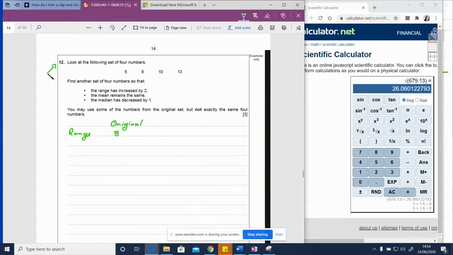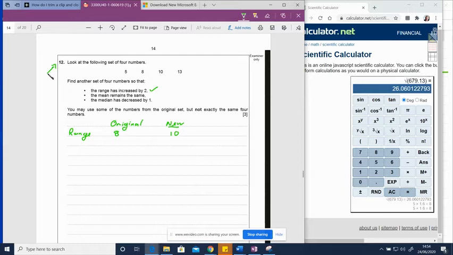Now, the first clue tells us that the range of the new set has increased by 2, so the range will be 10. So the difference between the largest and the smallest in the new set of four numbers will be 10.